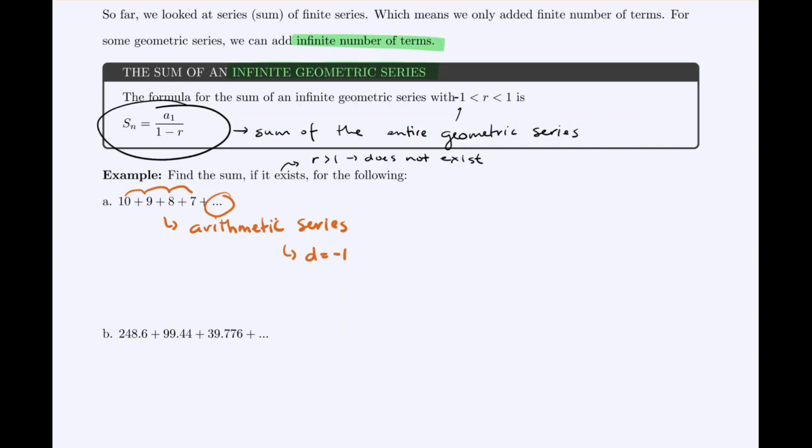And we can imagine at that point your number is getting negative more and more. It's going to the idea of negative infinity. It's not reaching a value because you keep adding more and more negative terms. So for arithmetic series, their infinite sum does not exist because it's getting infinitely large, in this case to the negative. So I guess infinitely small, a larger and larger negative number.